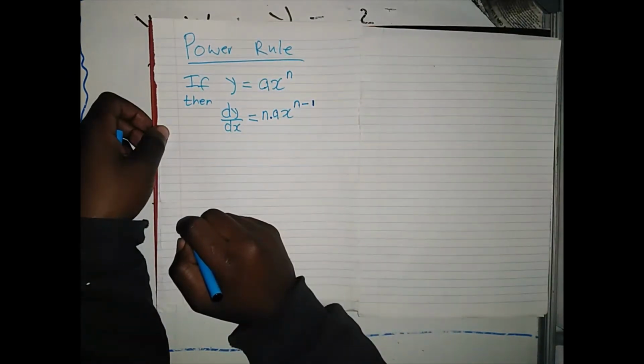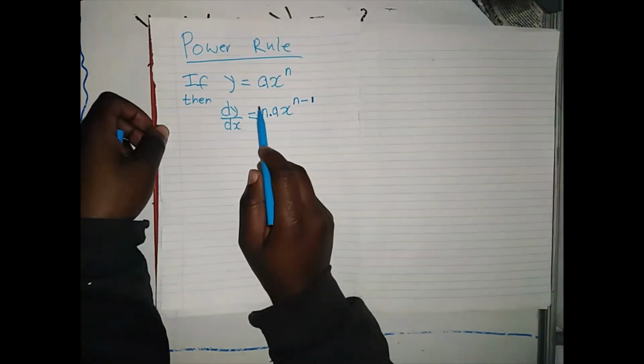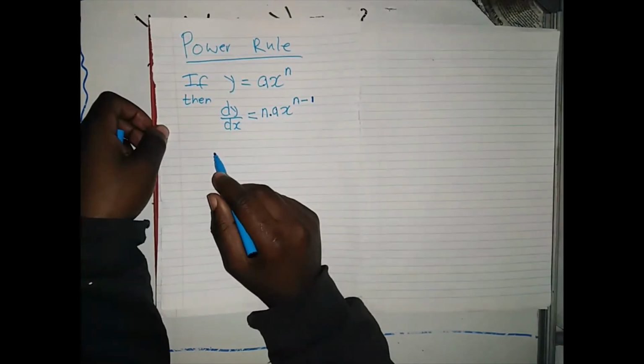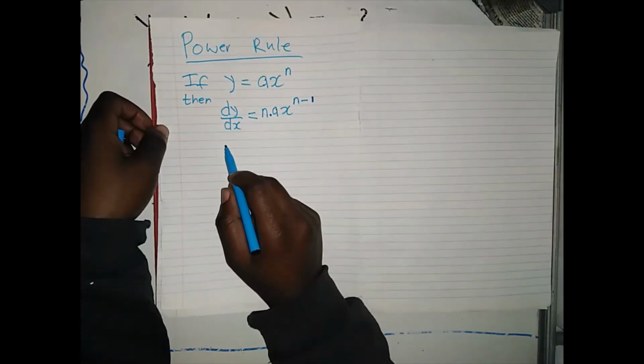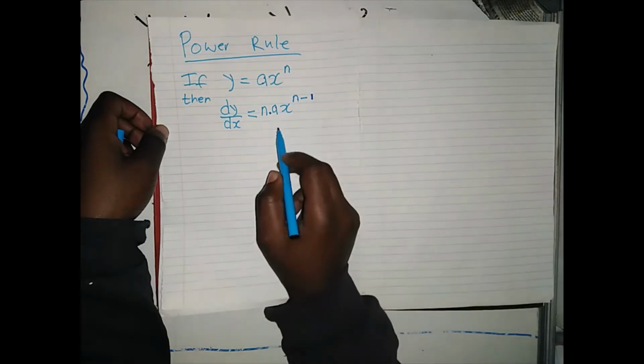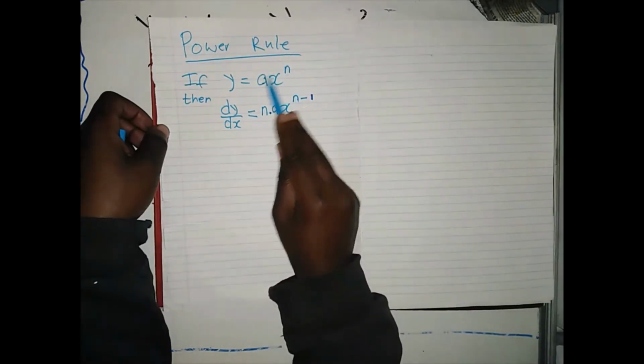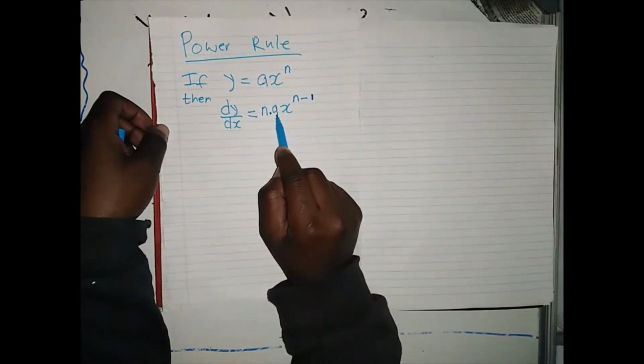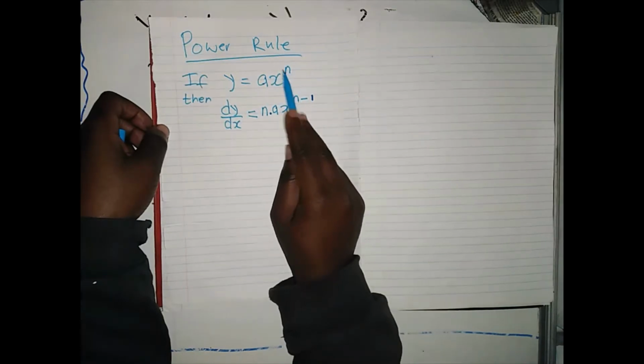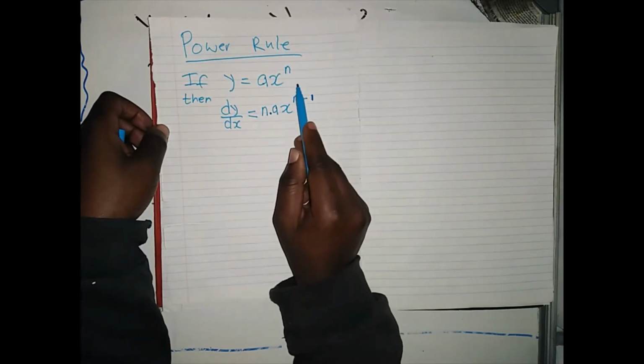So what does it say? It says that if y is equal to ax to the power n, then dy over dx is n times ax, and you take this n that is here and minus it by 1.